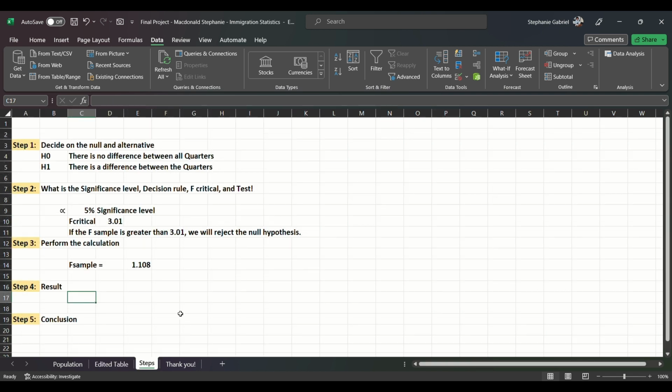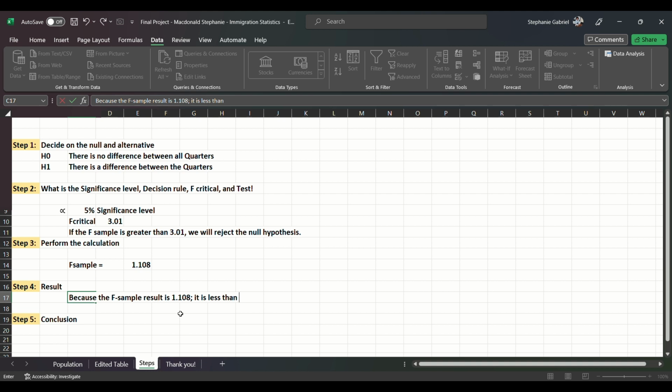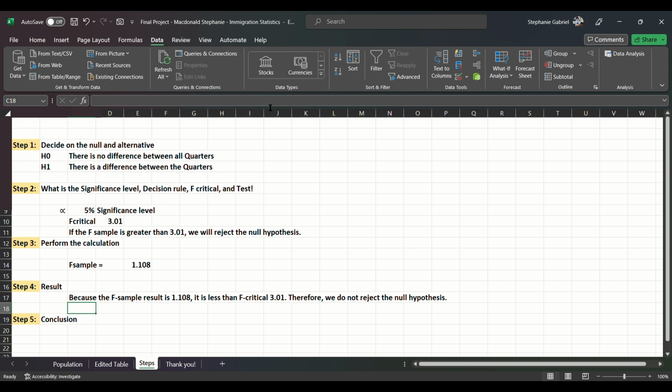As a result, because the F sample result is 1.108, it is less than F critical 3.01. Therefore, we do not reject the null hypothesis.